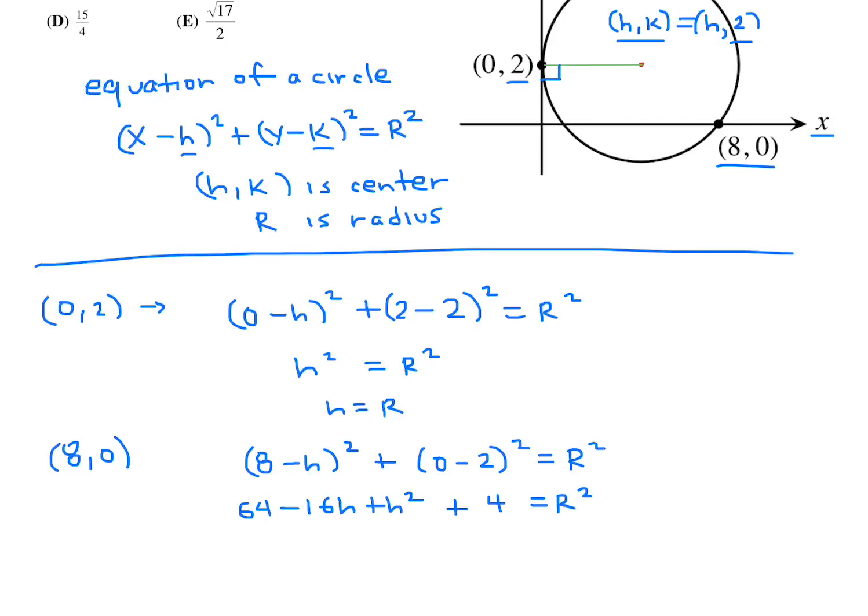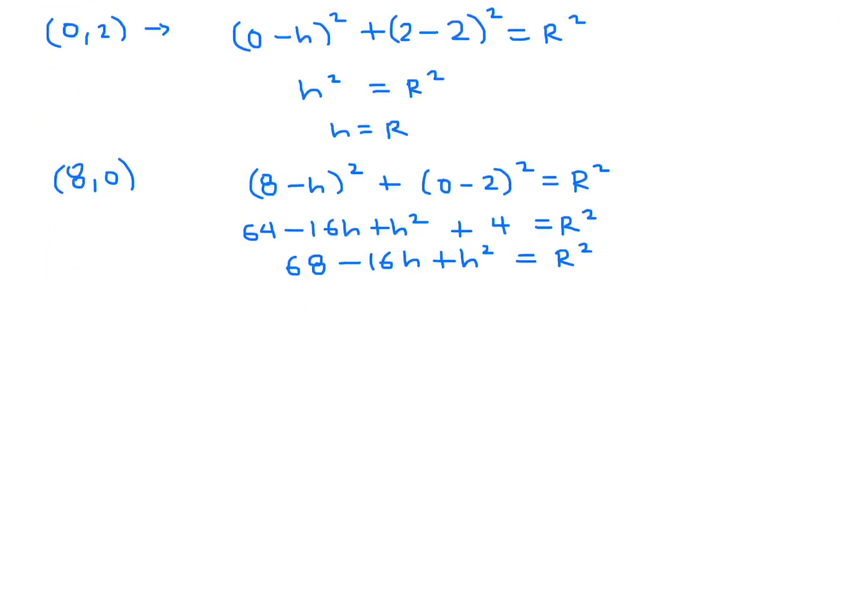And this becomes, let's see here, 68 minus 16h plus h squared is equal to r squared, like that. And h is equal to r, right? So we can substitute that in. 68 minus 16h plus h squared is equal to h squared. And the h squareds will cancel.